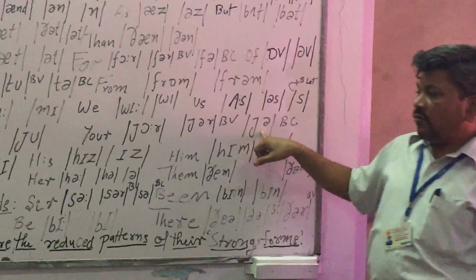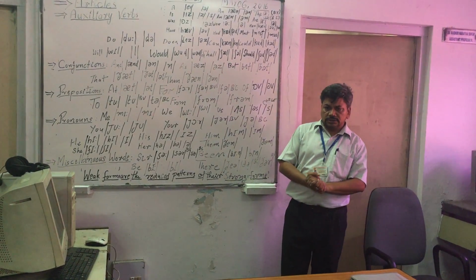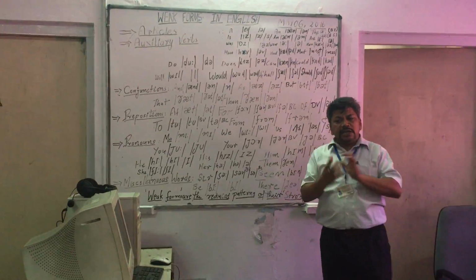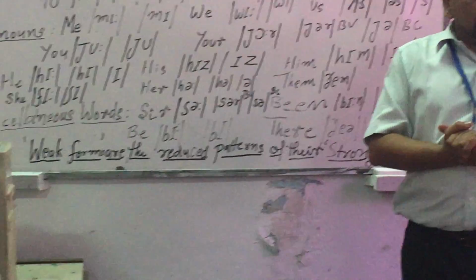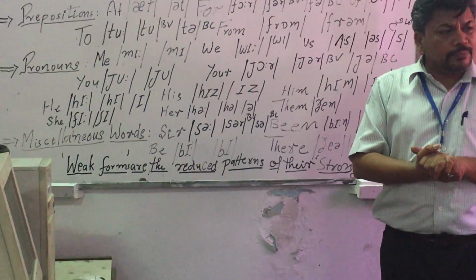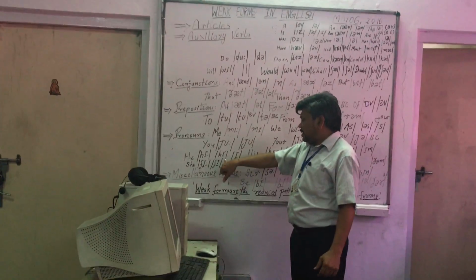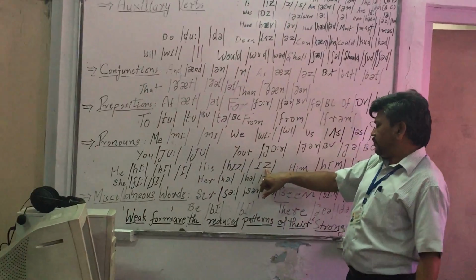Furthermore, we will be noticing 'he'. For example, you can take some sentence for he or him. I dislike him. So he becomes 'hi' or 'i'. His becomes 'iz'.